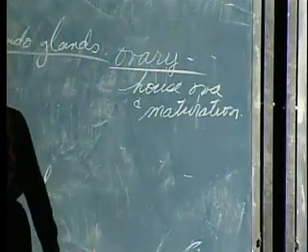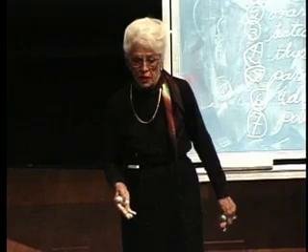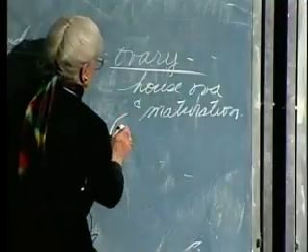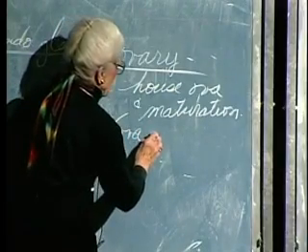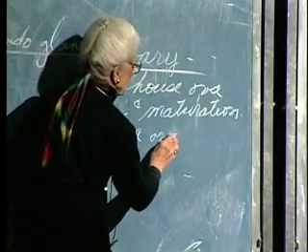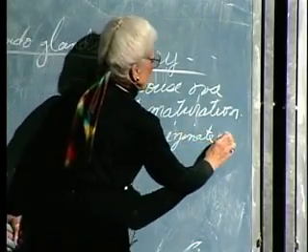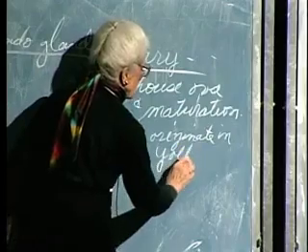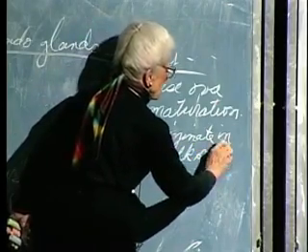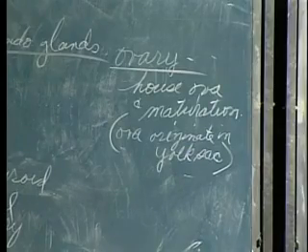You notice I was very careful to say that the ovary does not develop the ova. Where are the ova developed? They're developed in the yolk sac. They migrate into the ovary to mature and develop. So ova originate in yolk sac. The ovary does not produce them. It allows them to mature there.